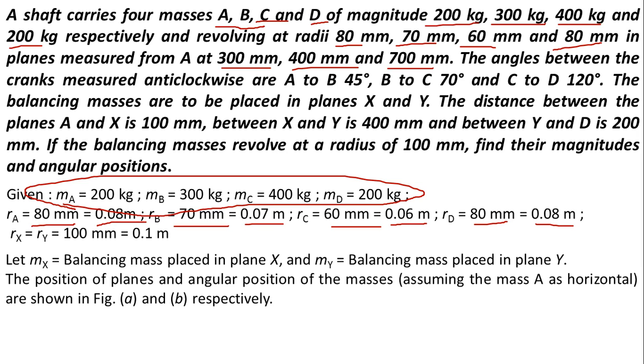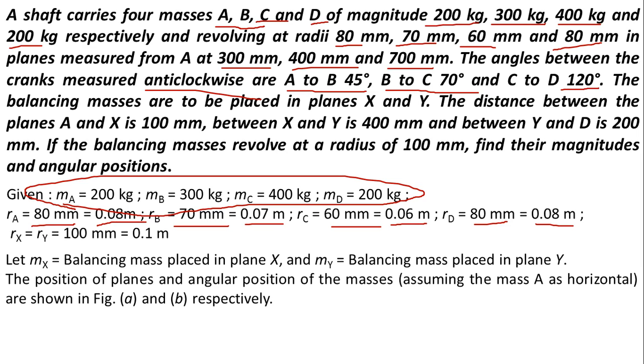The angles, measured in the anti-clockwise direction, are 45 degrees from A to B, 70 degrees from B to C, and 120 degrees from C to D.